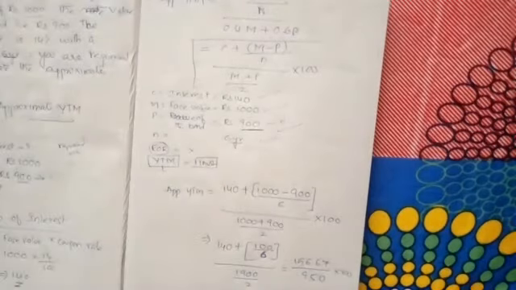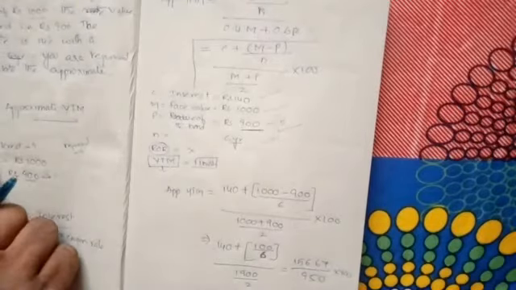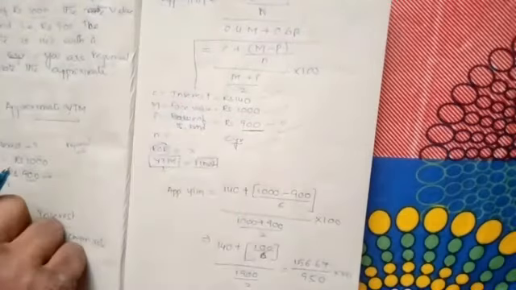You got my point? That's why in real terms, the yield to maturity is more than the interest rate. The interest rate was 14%, but in real terms you got returns of 16.49. This is a very, very important problem for your examination. Remember, very important problem.